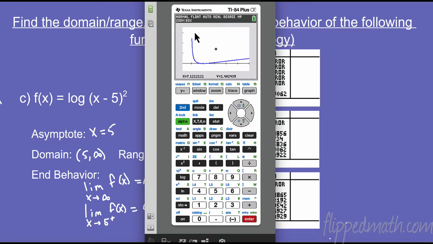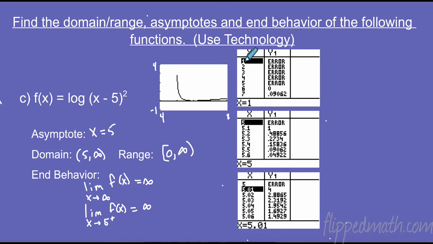All right, now I can see, it looks to me like there's an asymptote right here, but I wanted to look further, so I looked at my table. And what I did was, I saw these, and everything before 6 was an error. Well, that's interesting, right? So from 5 to 6, I got values. It looks like 6 is 0 here, but there are values here.